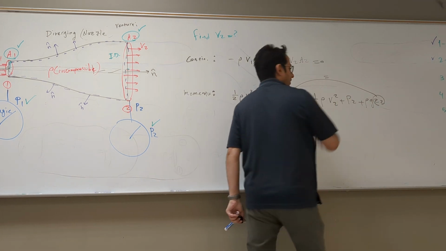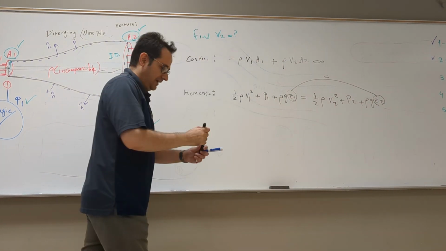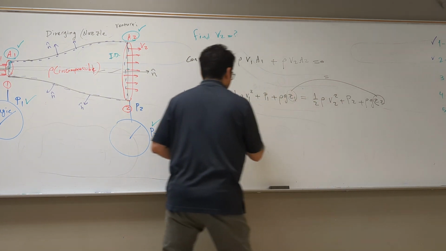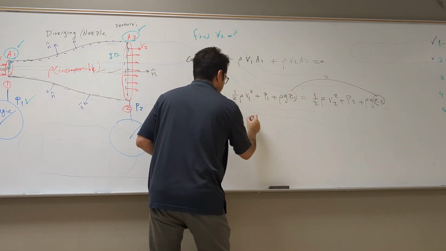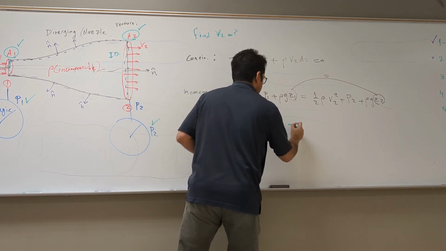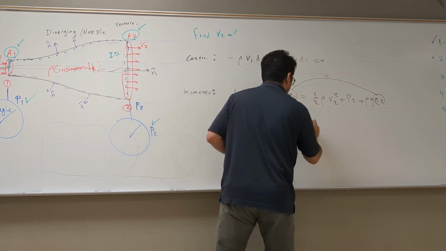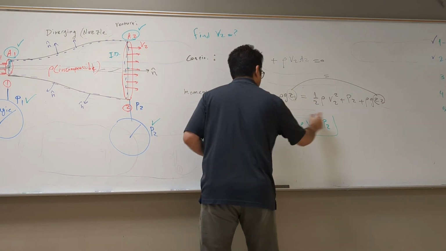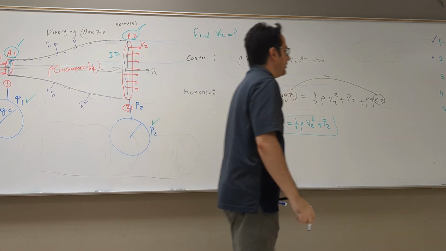These two are equal. So what happened to the difference? The difference becomes 0. So this equation reduces to 1/2 rho V1 squared plus P1 is equal to 1/2 rho V2 squared plus P2. Momentum, and continuity. Put a check mark.